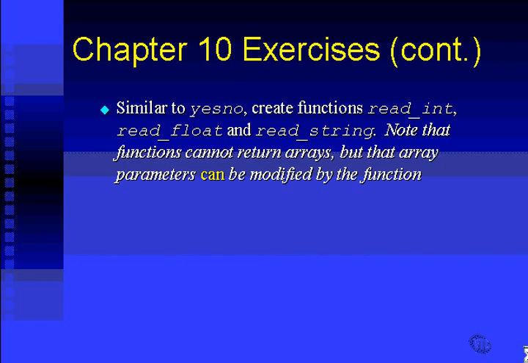Well, I'm here to tell you now that for arrays, any kind of array, and in particular strings, it's different. The function can certainly modify the elements of the array. You can modify each of the individual elements. In other words, you can create a read string function and pass it as a parameter the string that you want it to read, and it can fill in that string for you.